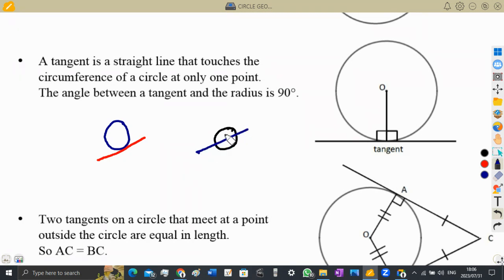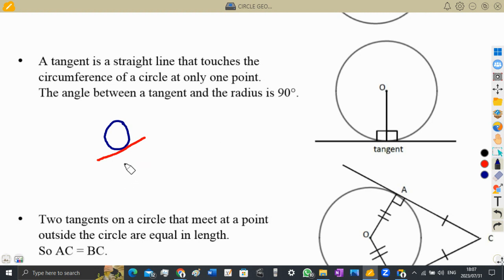This one is not a tangent. This one is not a tangent. A tangent touches only the circumference of a circle. We shall talk about this also in graphs. When you are given a curve, a tangent is simply a line again that is going to touch the curve at a certain point. So that is what we have on a tangent.